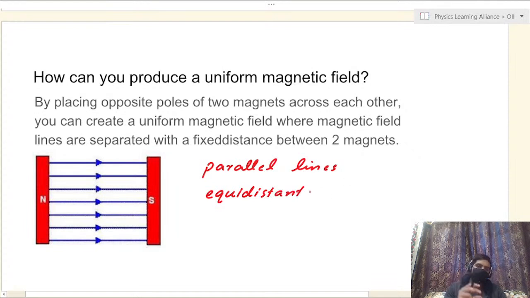Two consecutive lines should have the same distance. Any two consecutive lines should be equidistant. They should be separated by a fixed distance.